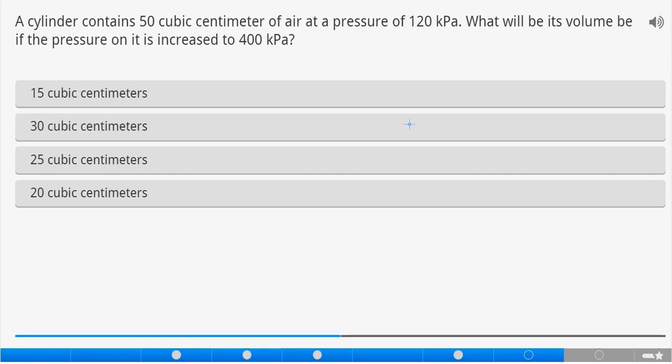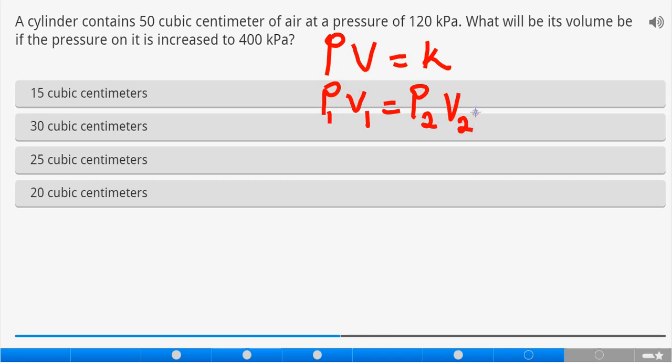So this is what happened. Don't forget that initially I said PV is equal to what? Constant, right? Let that constant be K. That means it is continuous. So I can have P1V1 is equal to P2V2.